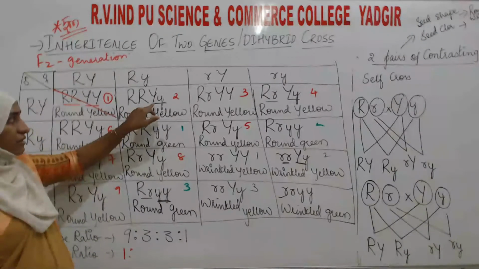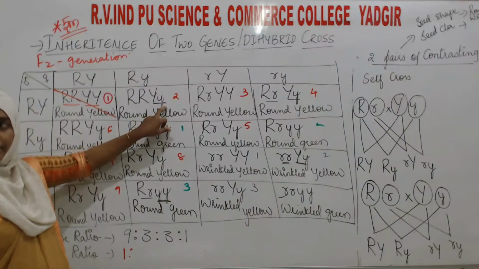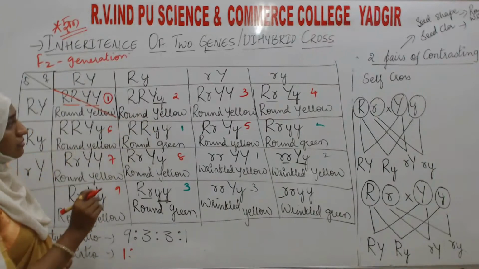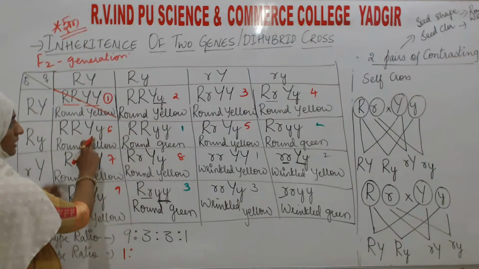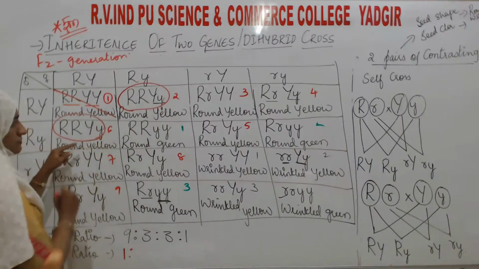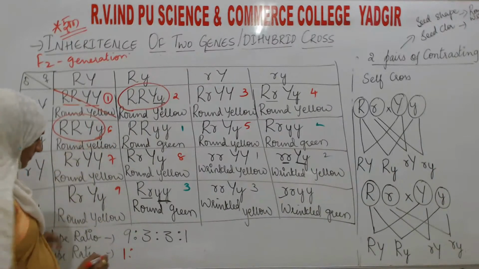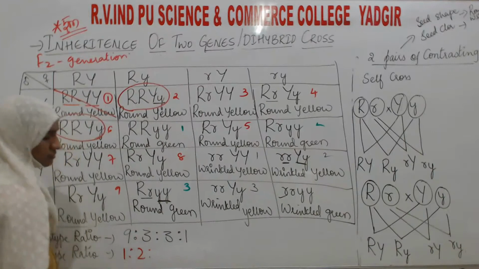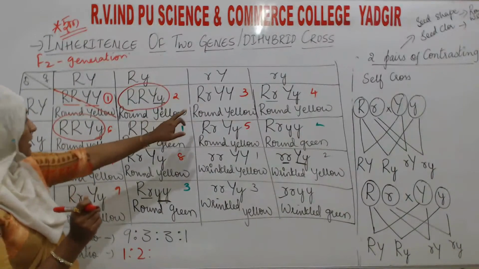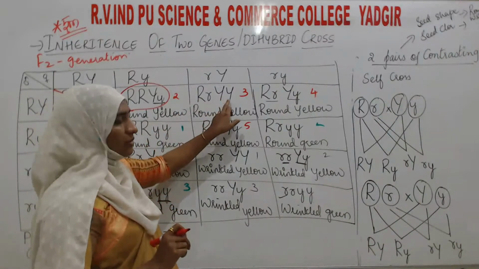Capital R, capital Y, small y. How many are there? That we have to see. 1, then this is the 2. 1:2.